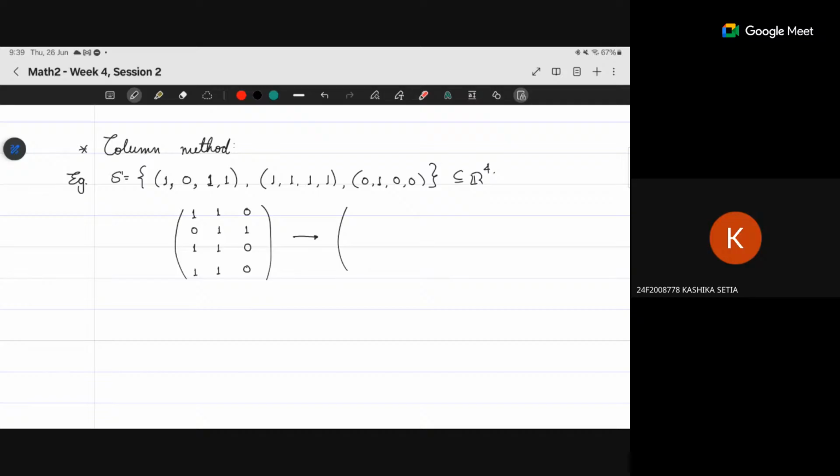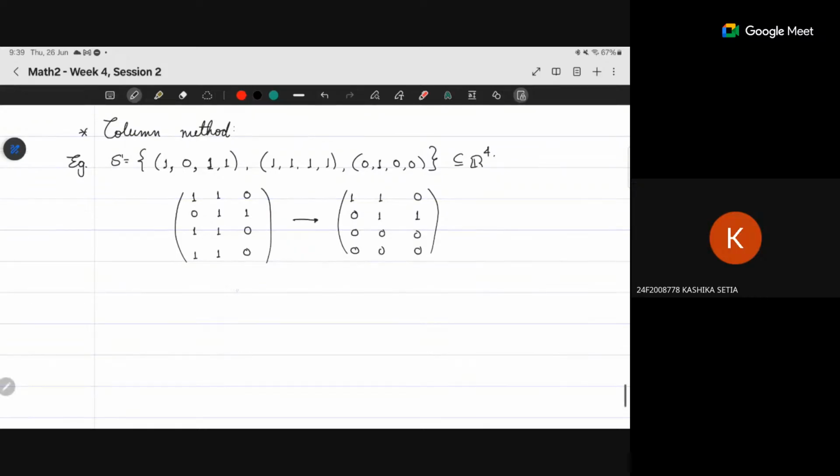So you see that there are 3 identical columns, right? So it's just this, this, and this. Is this fine? This is the REF. R3 minus R1, R4 minus R1. So the dimension, once again, number of non-zero rows is the dimension.